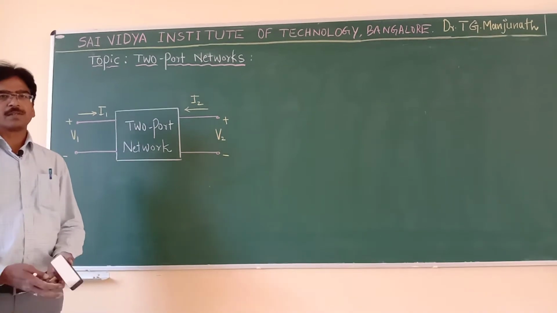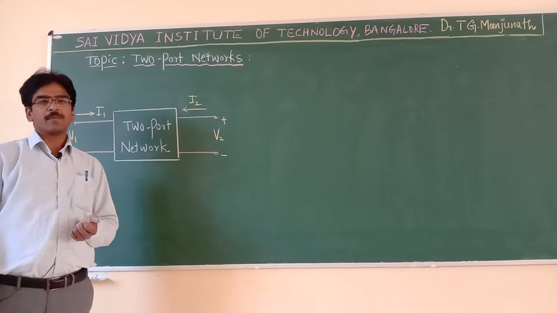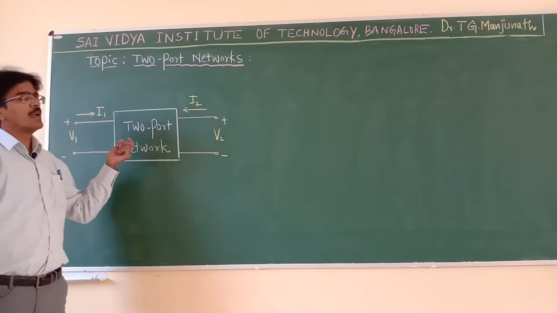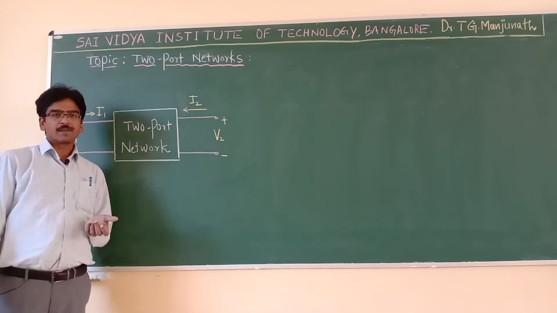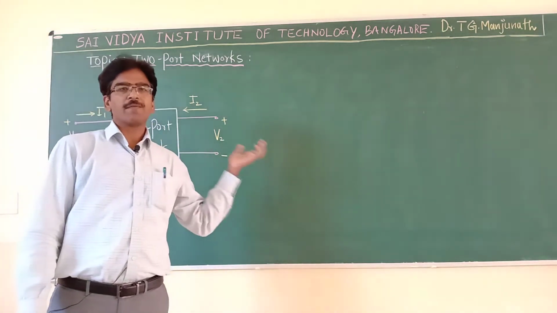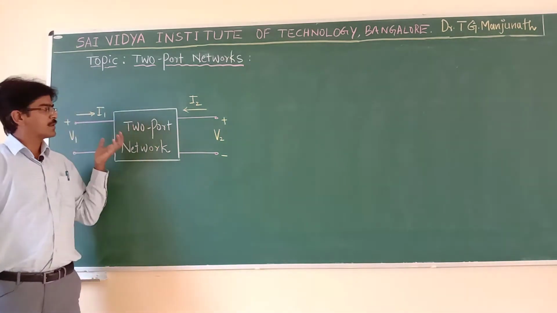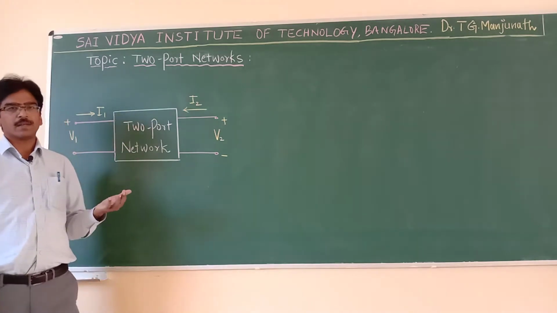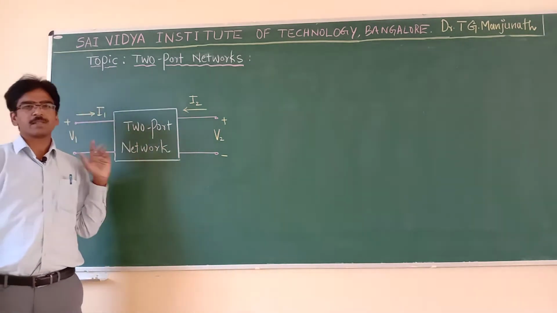In the last session, we started the new topic, two-port networks. I gave you the introduction of two-port networks, the necessity of two-port networks, and how to write the defining equations of different parameters. We are studying this two-port network to find different parameters for the given network or system.